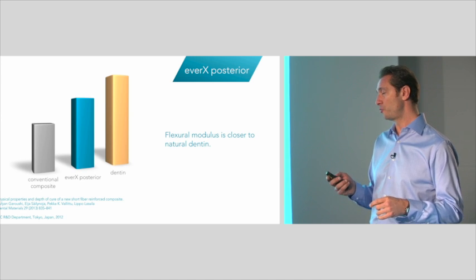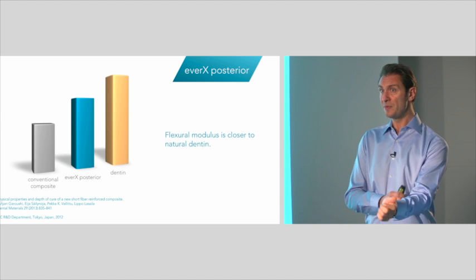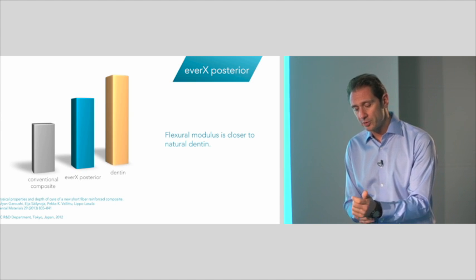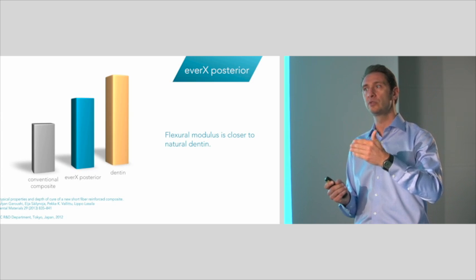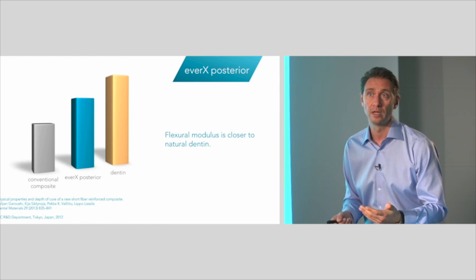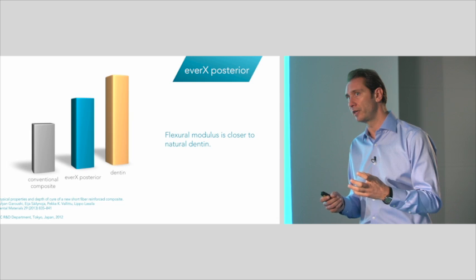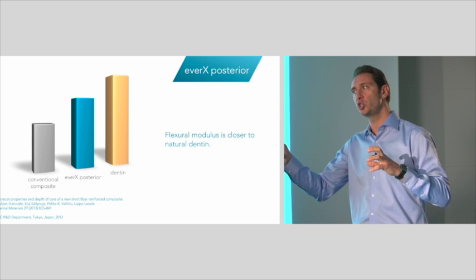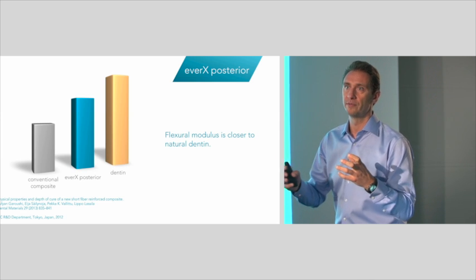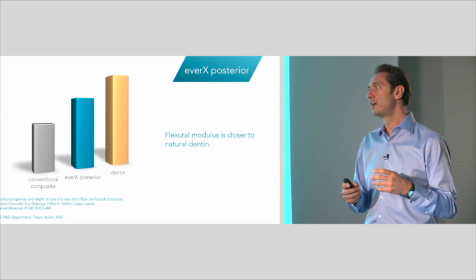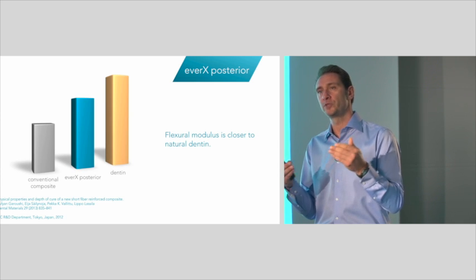When you go back to the beginning of the presentation, you remember that I told you we would be looking for materials that really come close to the behavior of natural teeth. If they act similarly, they can work better together. If you have two materials, or a tissue and a material, that have completely opposite behavior, they will not work very well. It's very hard to imagine a team of two players that don't work together.